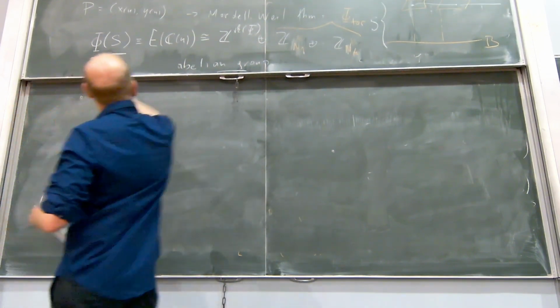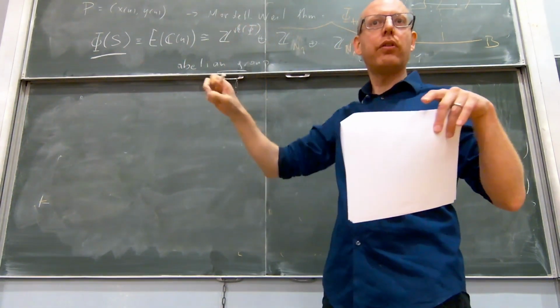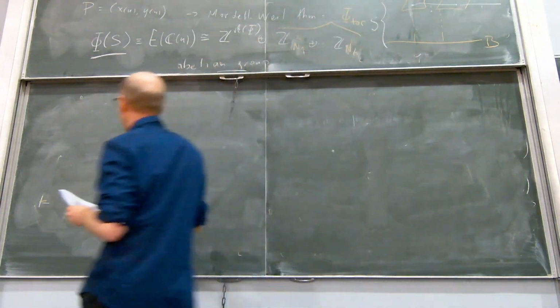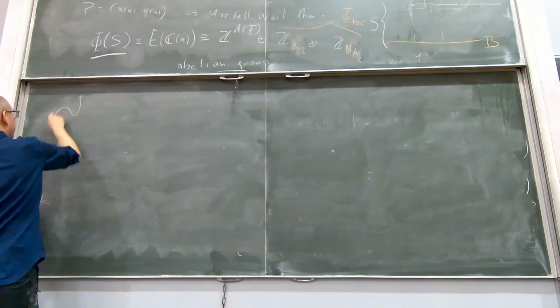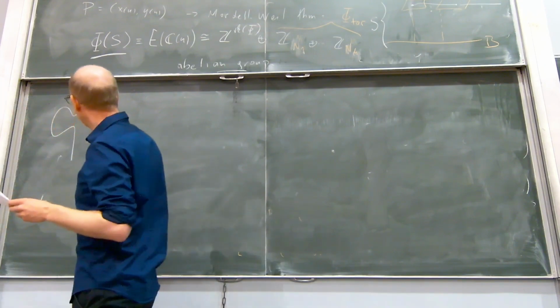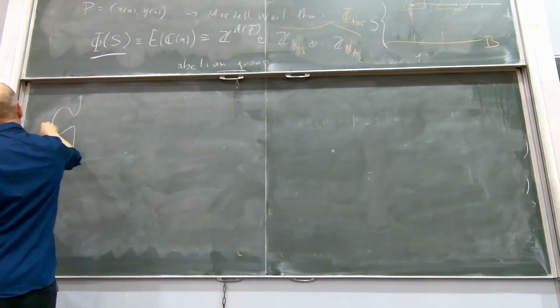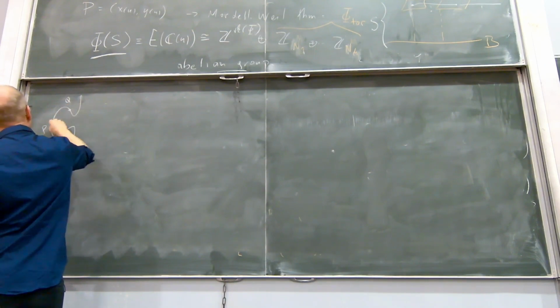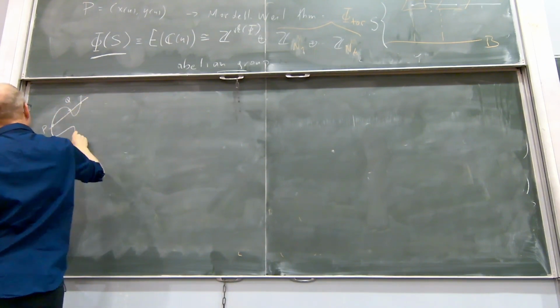When you map to C, it's just the addition of points on C, as you've seen if you've ever studied elliptic curves. You have a point P and a point Q on the elliptic curve, and you look at the third intersection point and take minus this point.